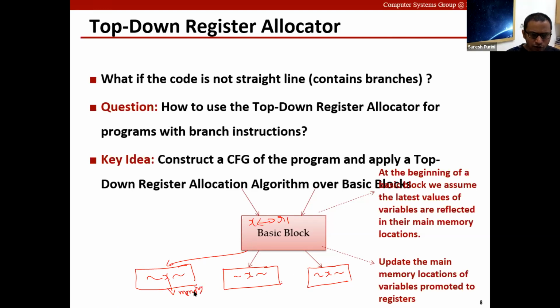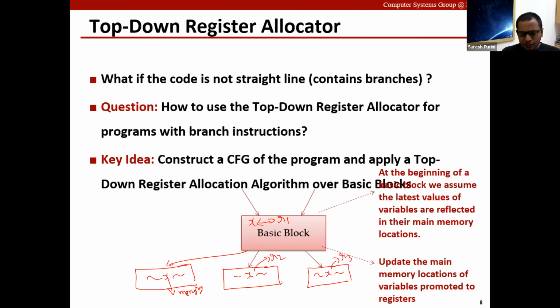That is, it doesn't want to promote it to a register, because there are other better variables which can be placed in registers. And in this basic block, the register allocation algorithm may think it's a good idea to promote variable x to a register, but it may not allocate register R1, it may allocate some other register R2. Similarly, here, it may allocate some other register R3. So all these are possibilities.